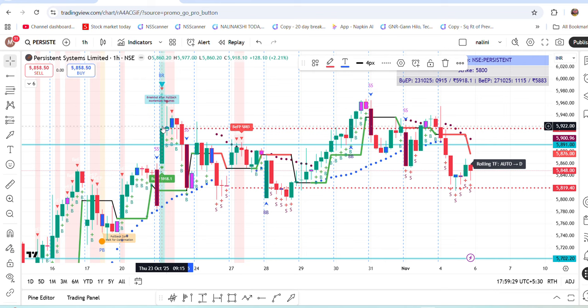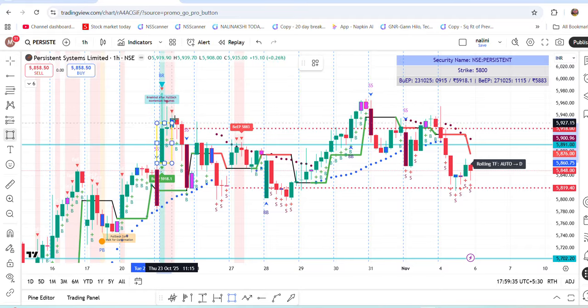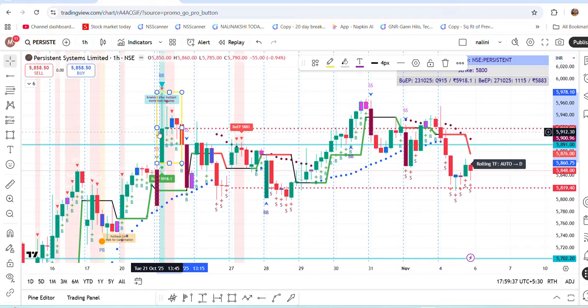Huge volume, and the price is closing near the middle of the candle. If I take the measurement of this candle, you can see the price has closed near the middle.